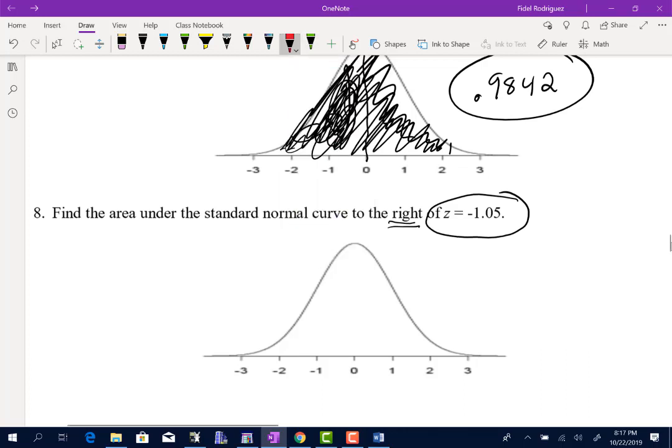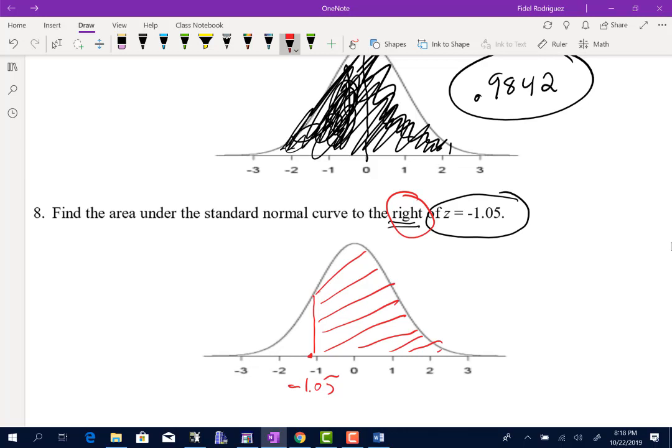So first off, negative 1.05. Do y'all agree that's going to be somewhere right about here? It's going to be to the left of the number negative 1. So what we're trying to find is the area to the right, because it says we're going to find the area to the right.